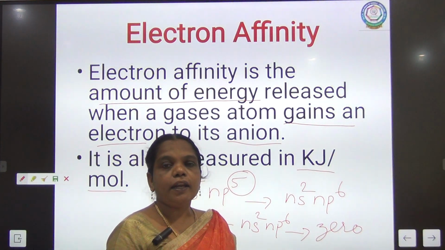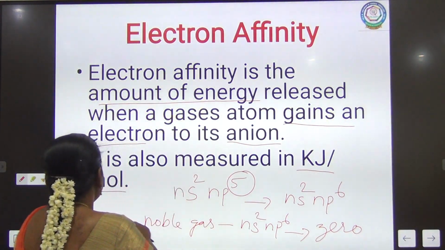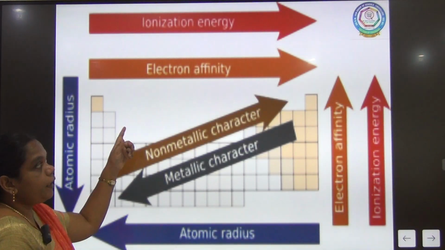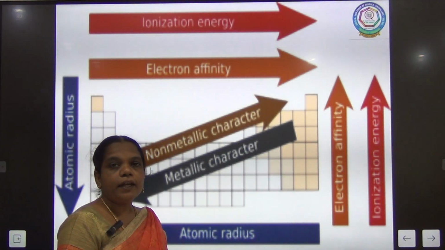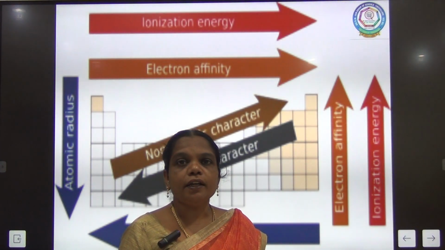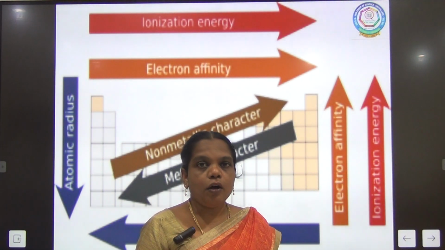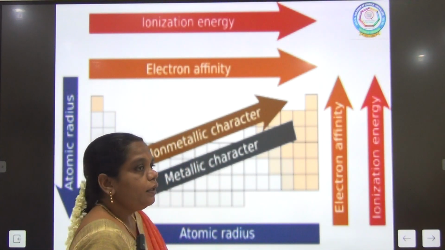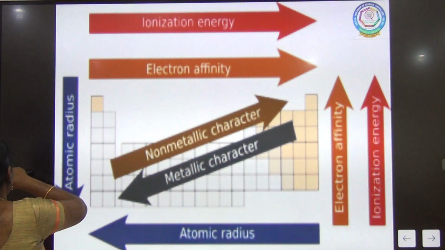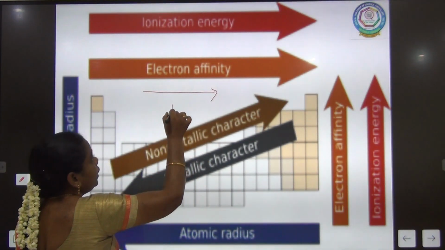Now we will compare the electron affinity along the table. We already know that in the table the horizontal rows are called periods and the vertical rows are called columns. Along the period, the electron affinity increases.